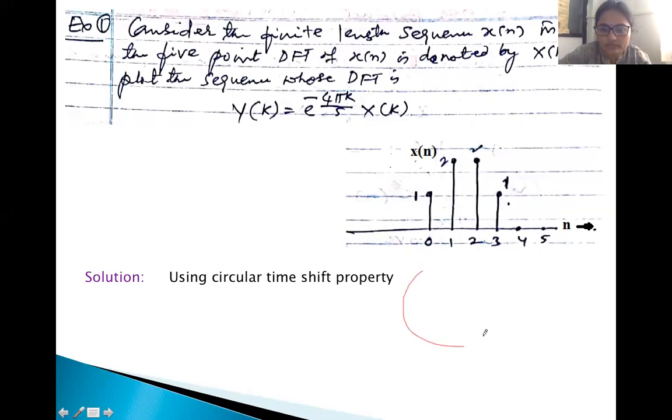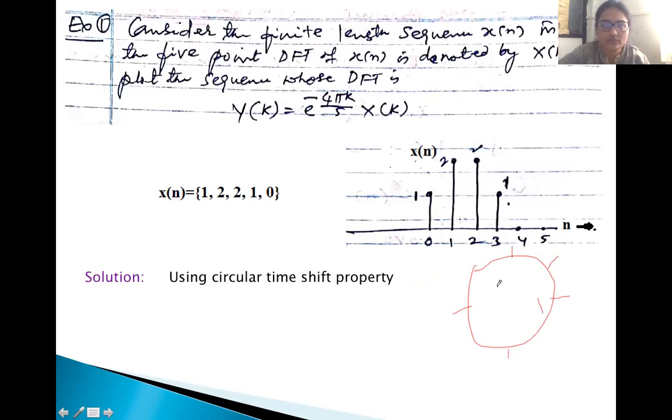I will draw it once again. So this is 1, 2, 3, 4, and one more point. The sequence is 1, 2, 2, 1, 0.